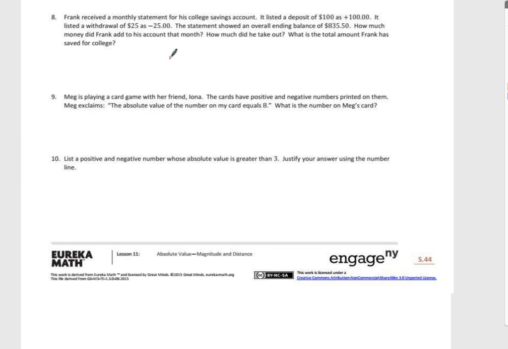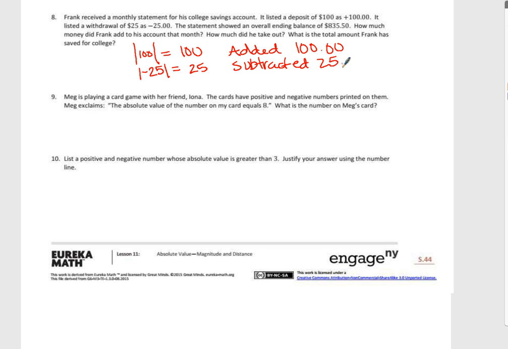Because the directions said we needed to write it as an absolute value, let's go ahead and write the absolute value of 100 is 100, and he added $100. And then the absolute value of -25 is just 25, and he subtracted $25.